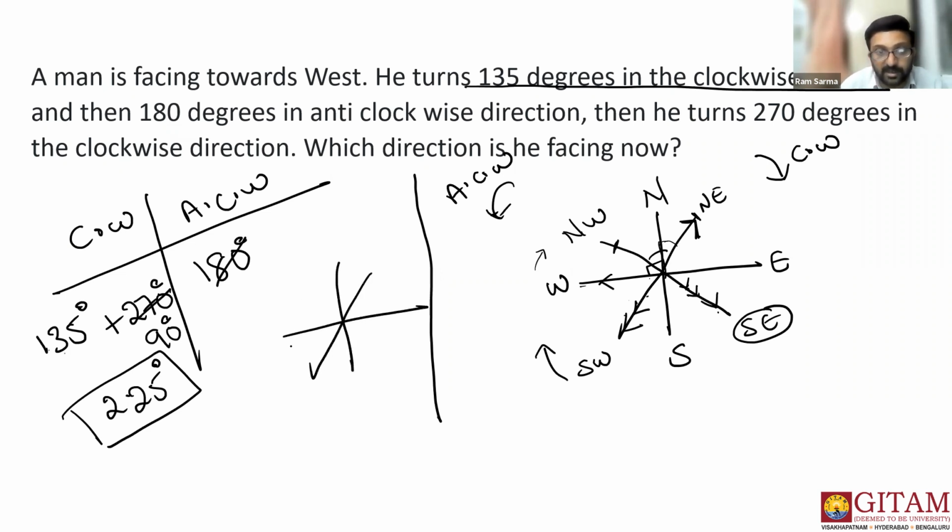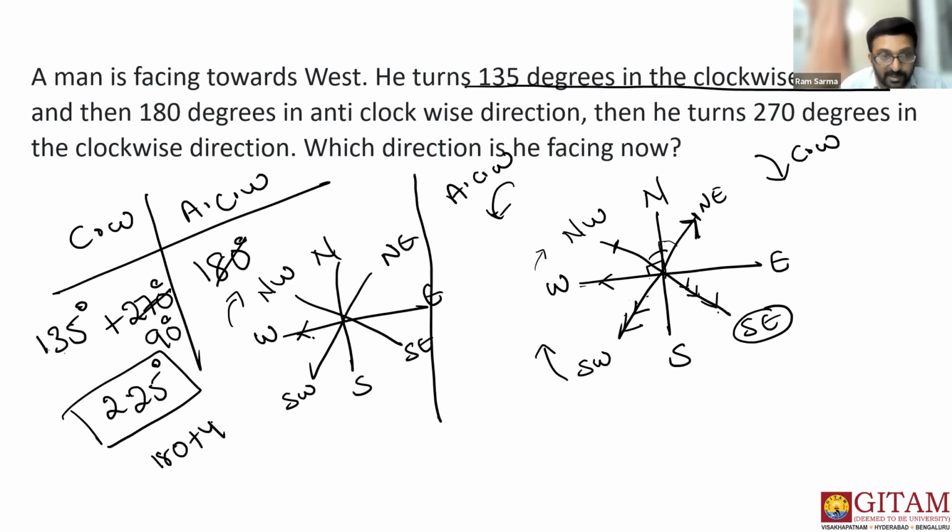So these are the directions given: west, north, east, south. Initially, the given person is facing towards west. Now he should turn 225 degrees in clockwise direction. So this is the way. 225 degrees is nothing but 180 plus 45.